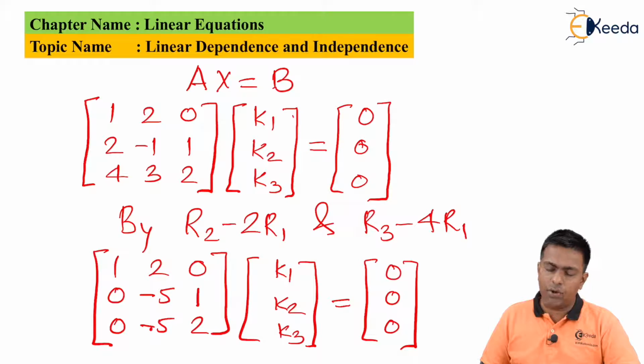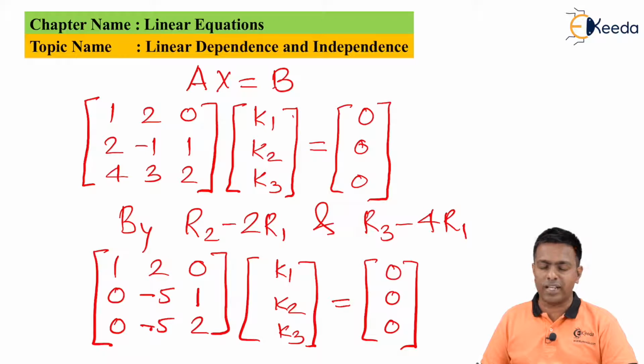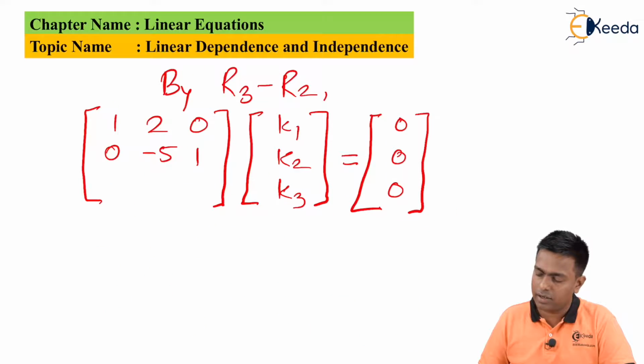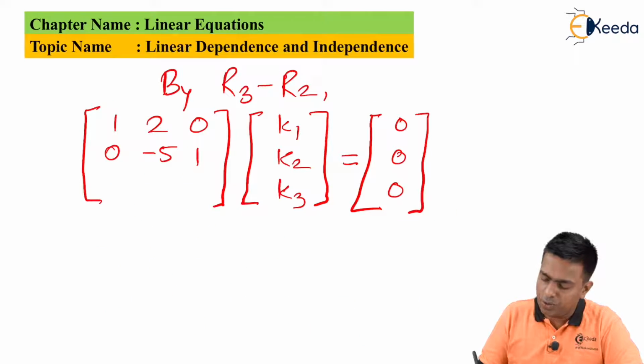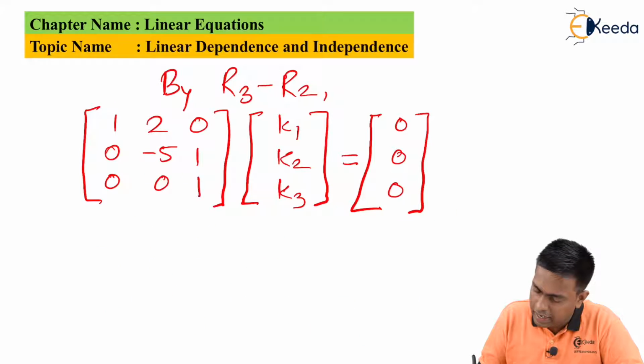So to get 0 here, we'll subtract row number 2 from row number 3. So by doing that, we'll get 0 here. Minus 5 minus minus 5 will be 0 here, and here we'll get 1. So here we'll get 0, 0 and 1.